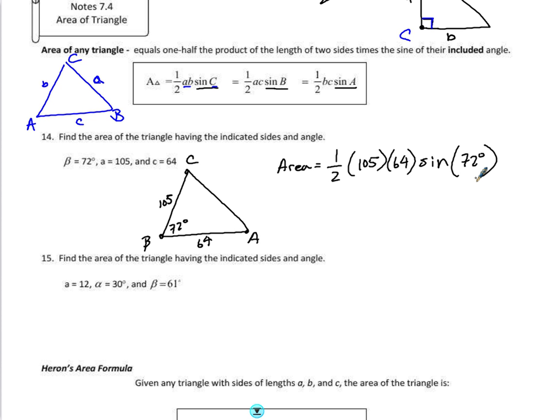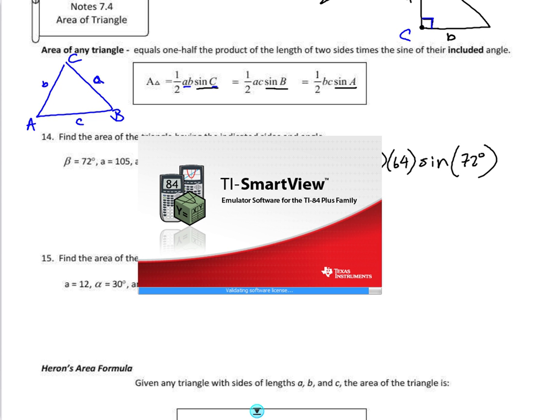At this point, since 72 is not a unit circle angle, I'm going to have to use my calculator and plug that in there. So 1/2 of 64 is 32. 32 times 105.